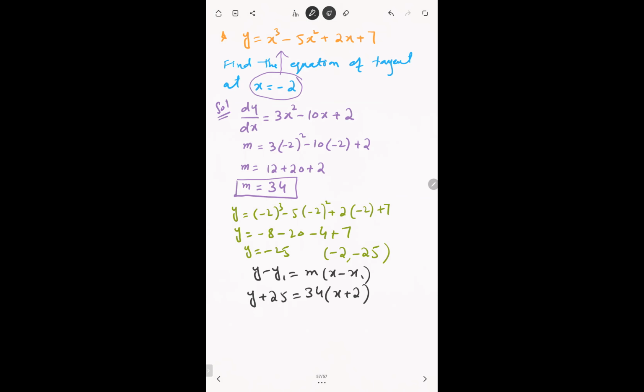That's the equation. You can further simplify to y plus 25 is equal to 34x plus 68. So minus 34x plus y is equal to 68 minus 25, 43. That's the equation of tangent.